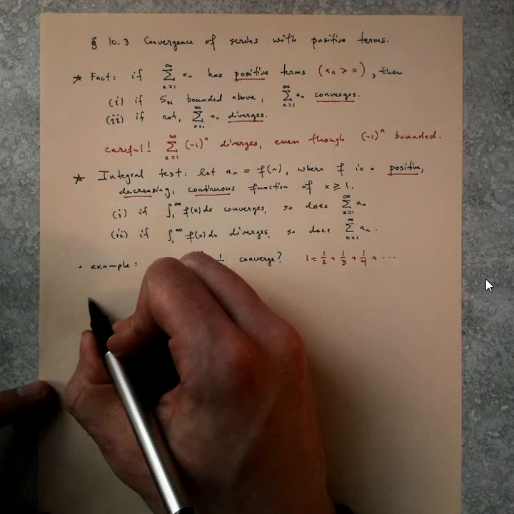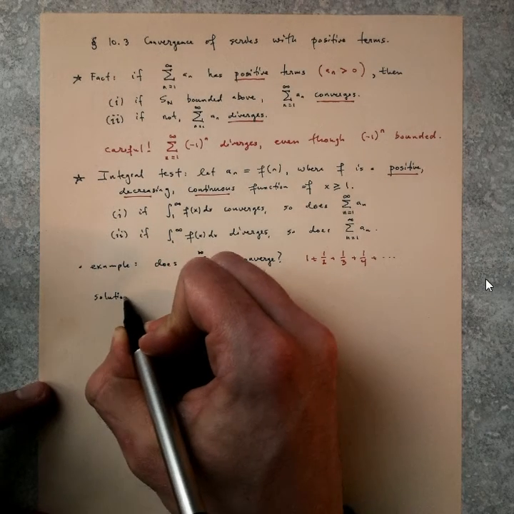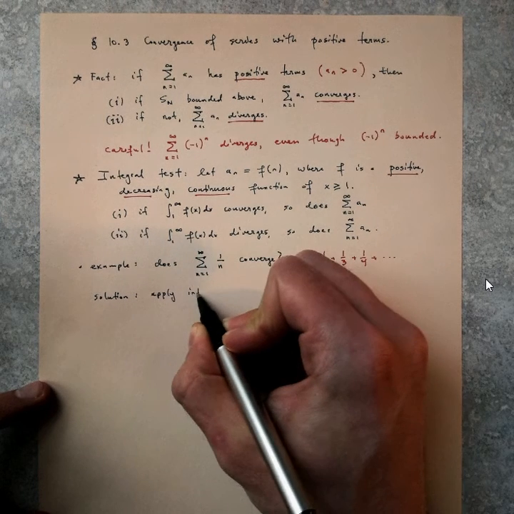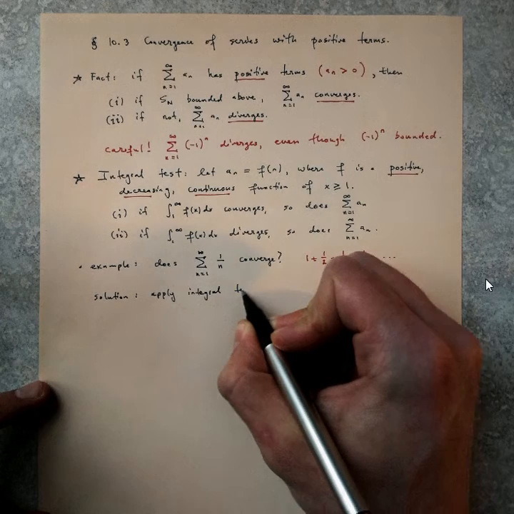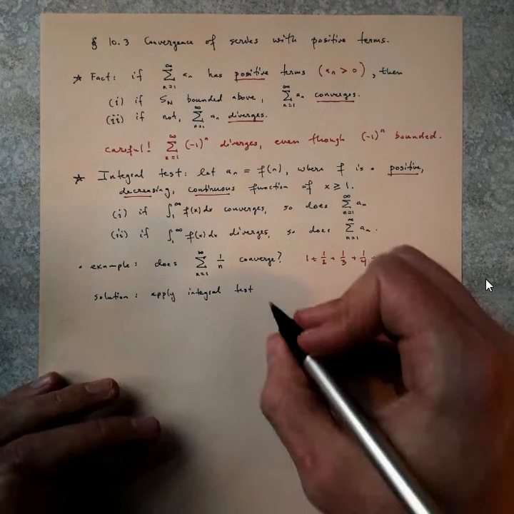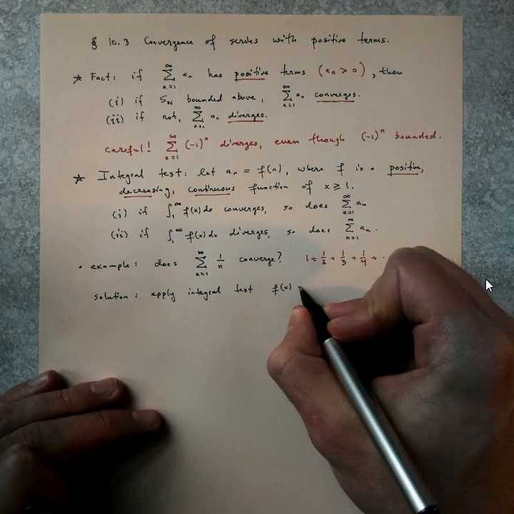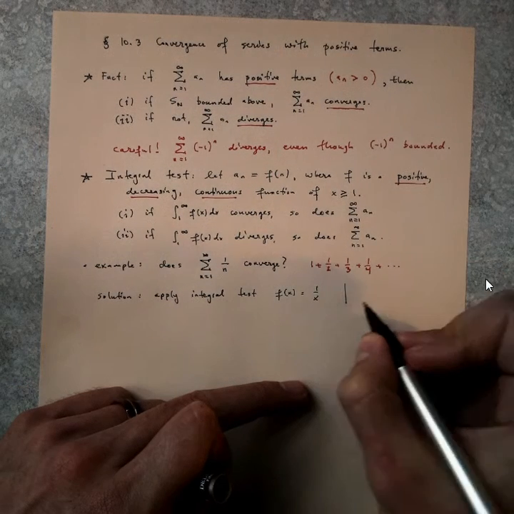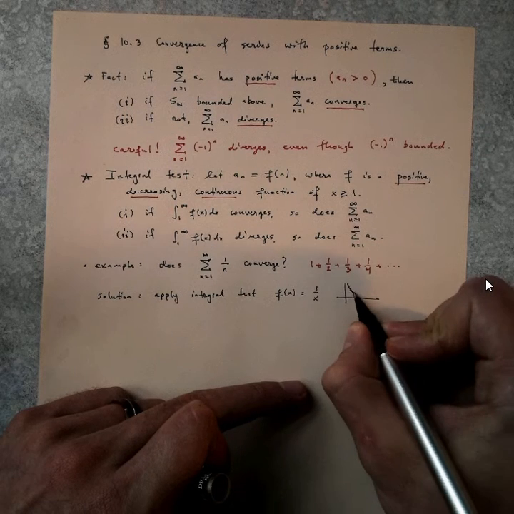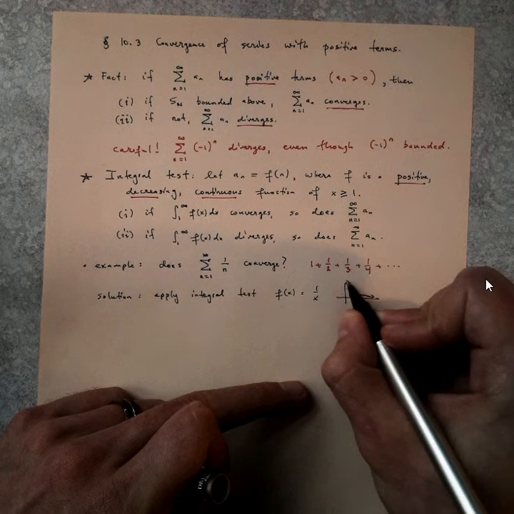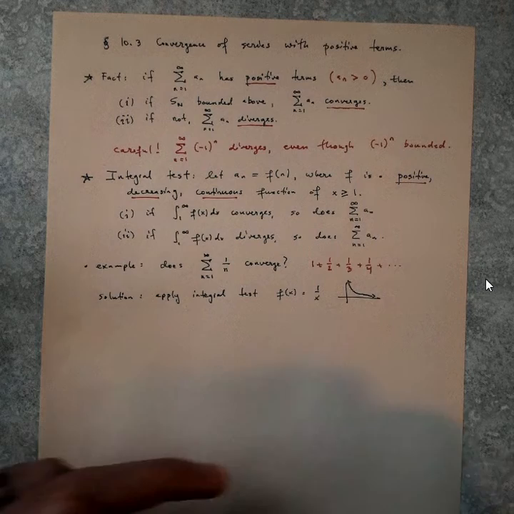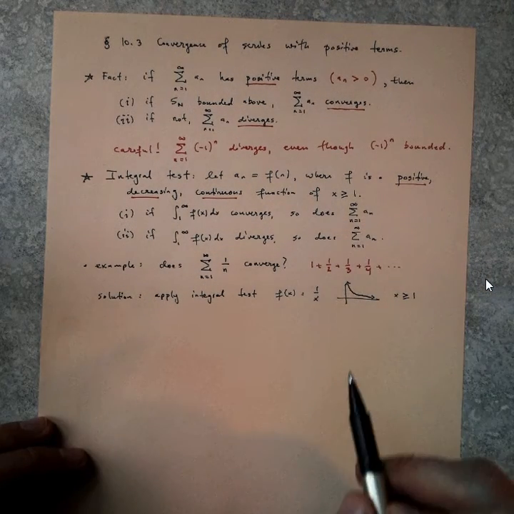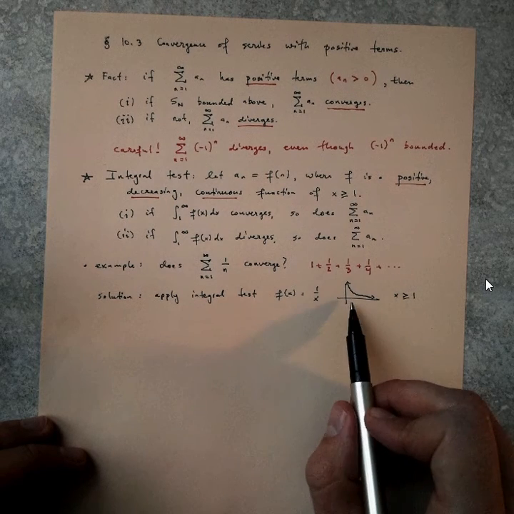So the solution: let's apply the integral test. Okay, f of x equals 1 over x. Okay, looks like this. Remember, I'm starting it at x greater than or equal to 1, so I don't have to worry about this asymptote.